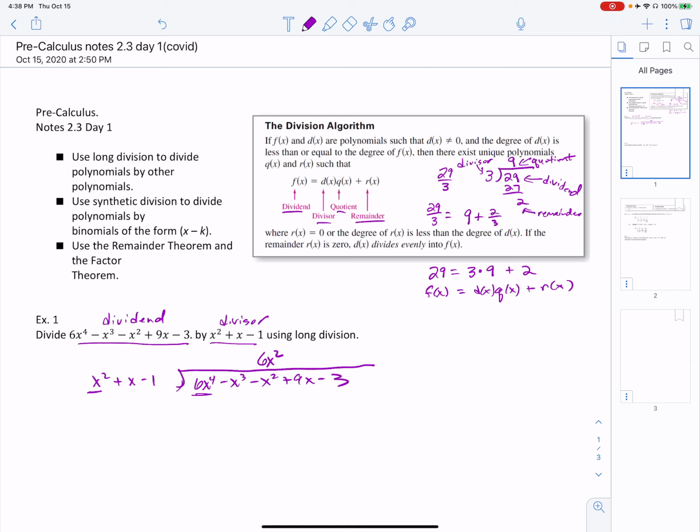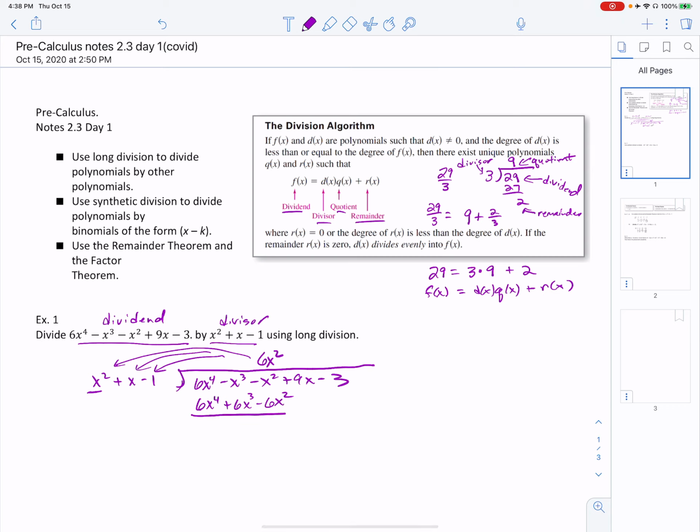And so now I am going to multiply that 6x squared times all 3 of these and put that in and start my division. So 6x squared times x squared is 6x to the 4th. 6x squared times x is plus 6x cubed. And then I get a minus 6x squared.